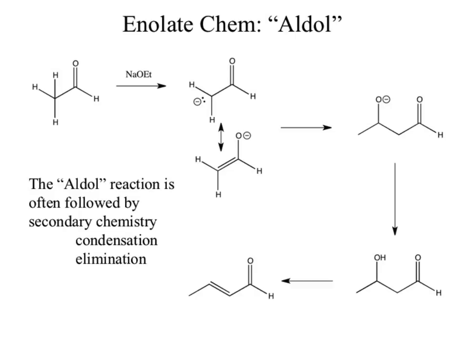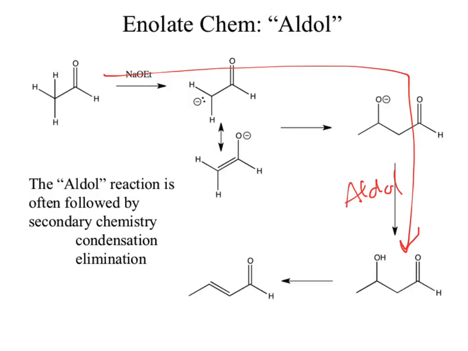Everything, starting from the aldehyde all the way down to this species, is what is known as the aldol reaction. Okay, because we're making an aldol. This last step is an extra step because that's not an aldol product.